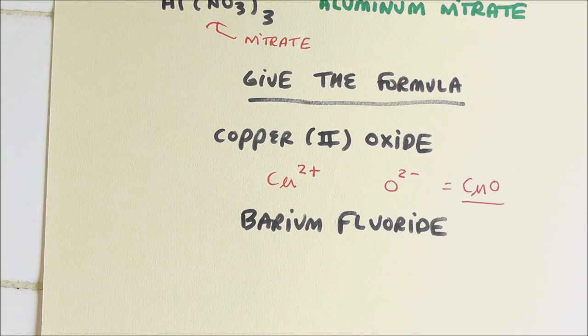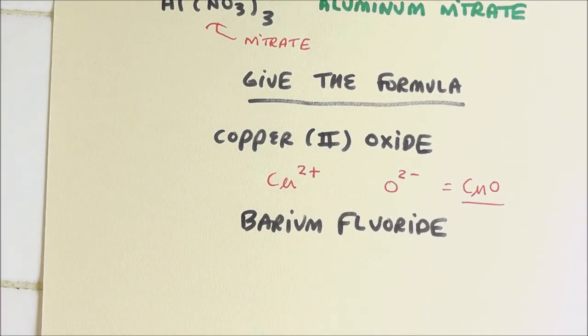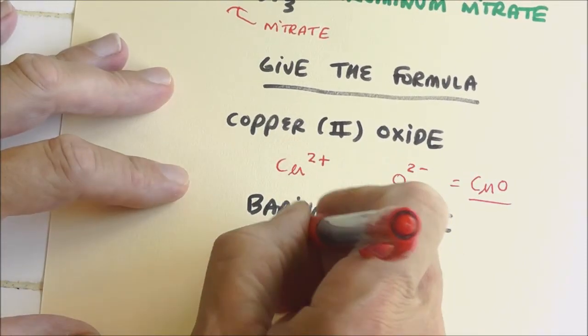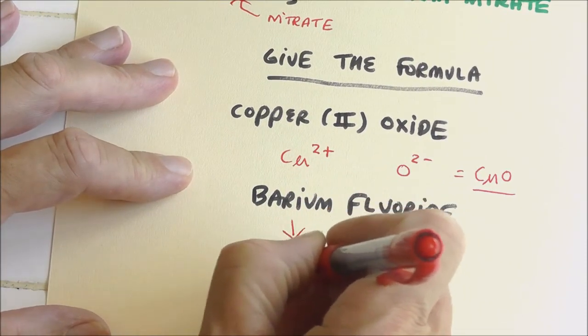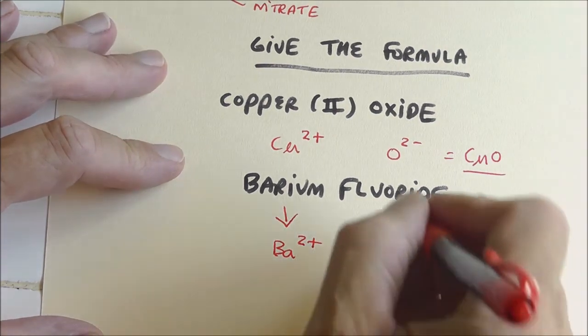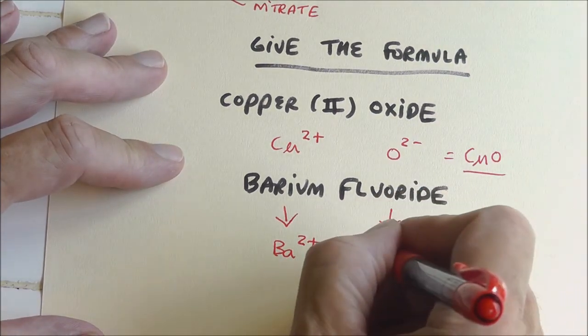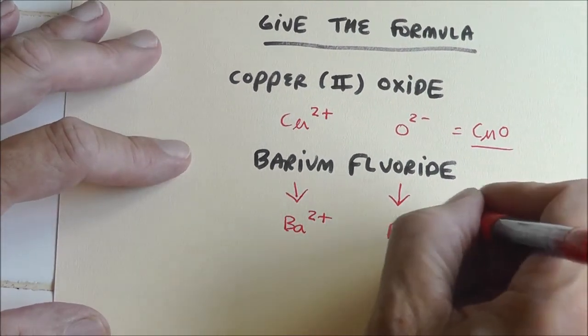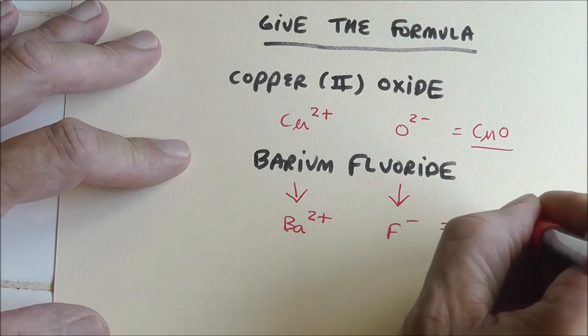Barium's in group 2, right there. And fluoride's in group 7. So barium is Ba2 plus, and fluoride, 7 minus 8, is F minus. You need to combine those in a 2-to-1 ratio. That is BaF2.